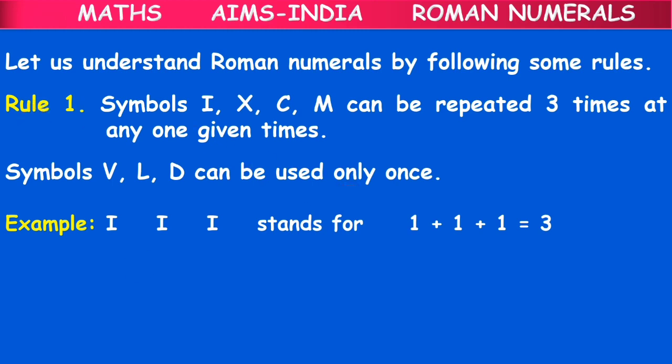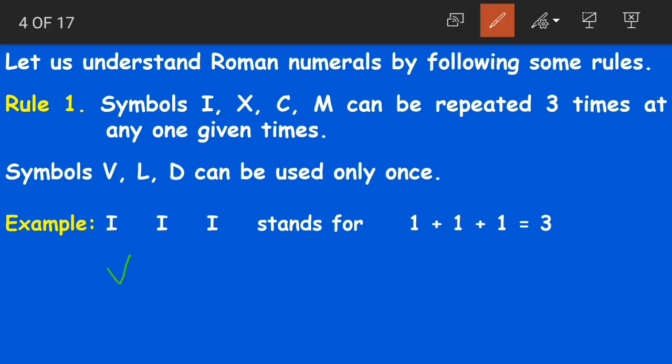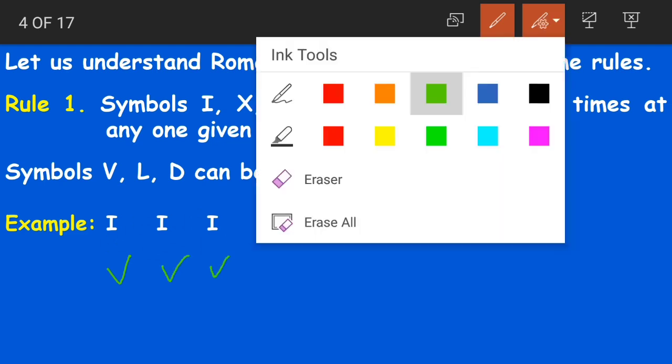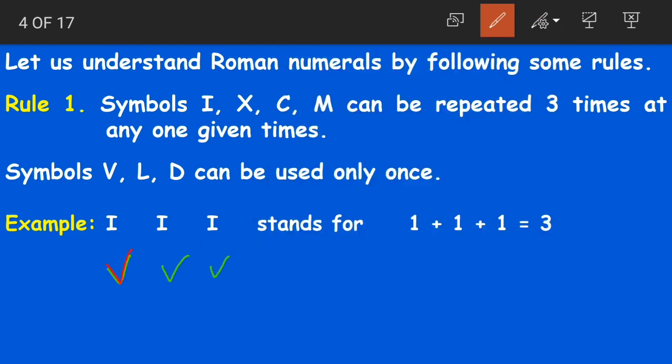For example, we have 3 I's here, which means 1 plus 1 plus 1 is equal to 3. We cannot write V, because V, L, D can be used only once. This will be wrong. Only I, X, C, M can be used 3 times.